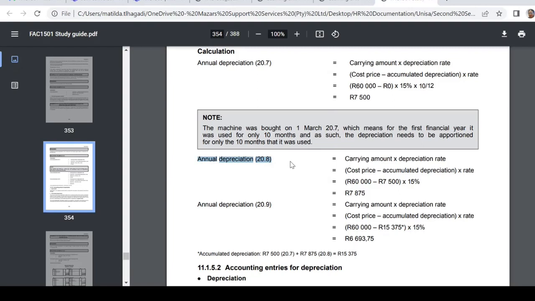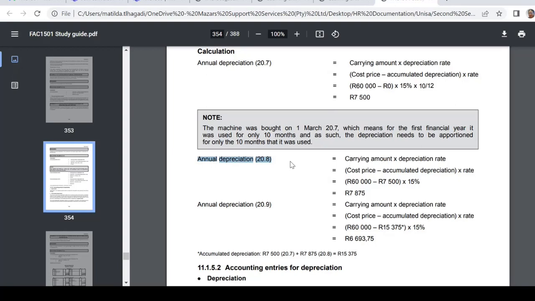So for the year 20.7, it's debit depreciation 7,500, and we've got a credit of accumulated depreciation 7,500. Are you with me?